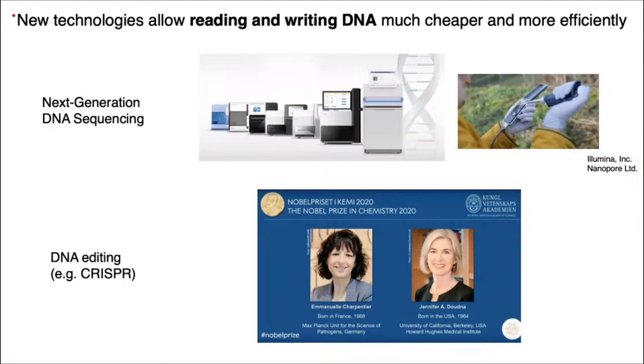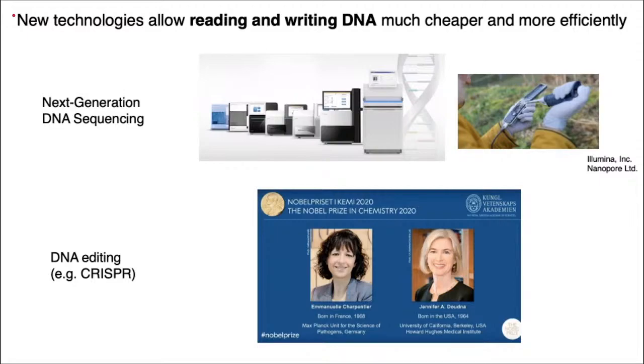It now allows us to sequence DNA from thousands of individuals and thousands of different species. And it's becoming much more portable. So people can actually take these sequencing devices to nature and sequence, for example, DNA from endangered species. This type of technology is really spreading a lot now.